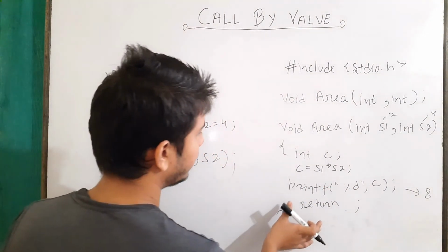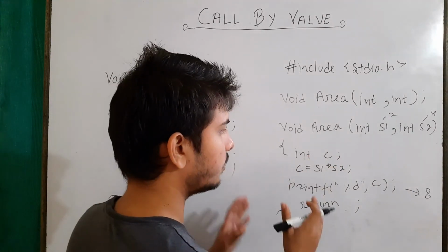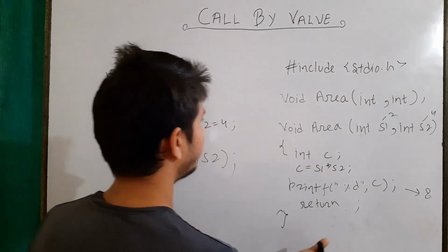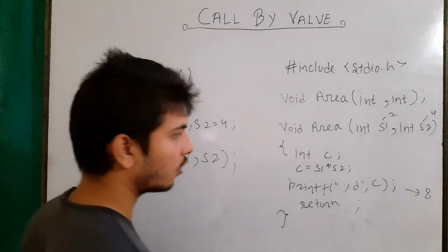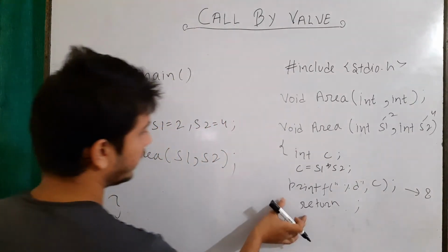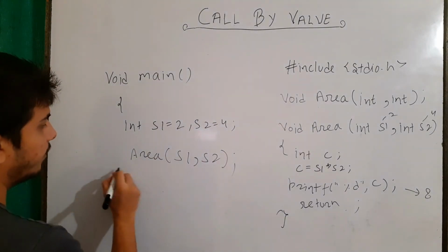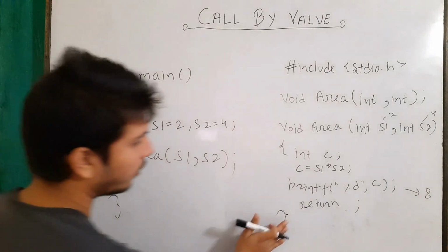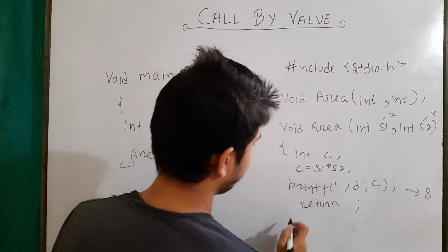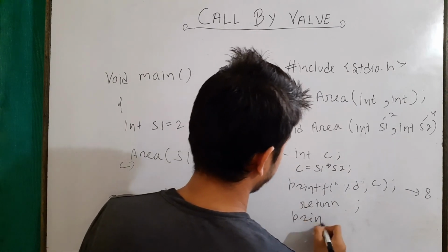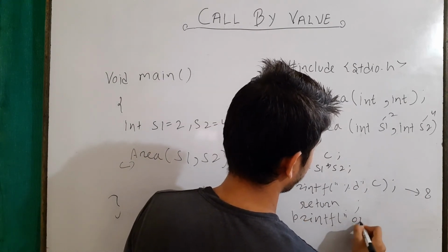The use of the return keyword is that it will terminate the execution of our function and the control will go back from where it is called. For example, after it encounters the return keyword, it will go back here. Or let's say here it is return and then I write printf OK.